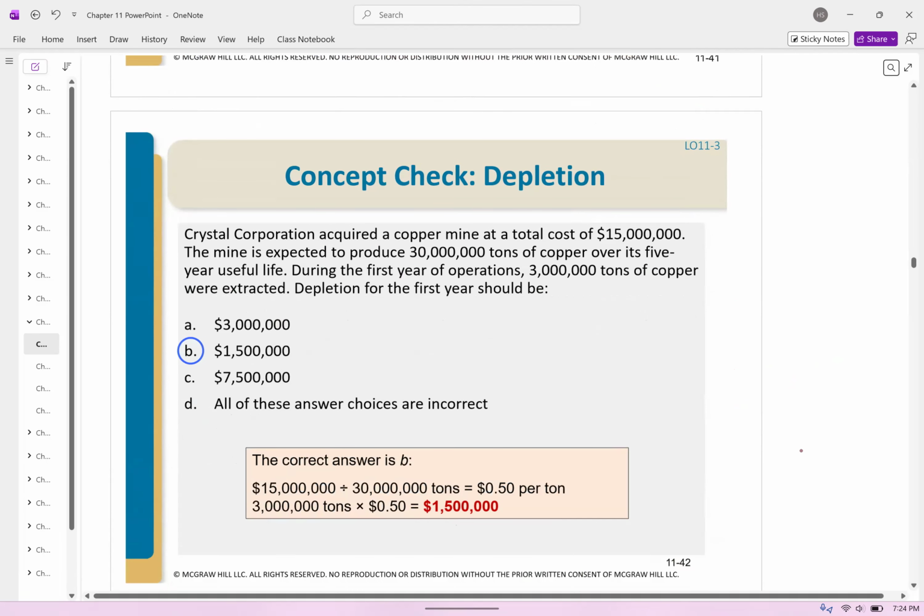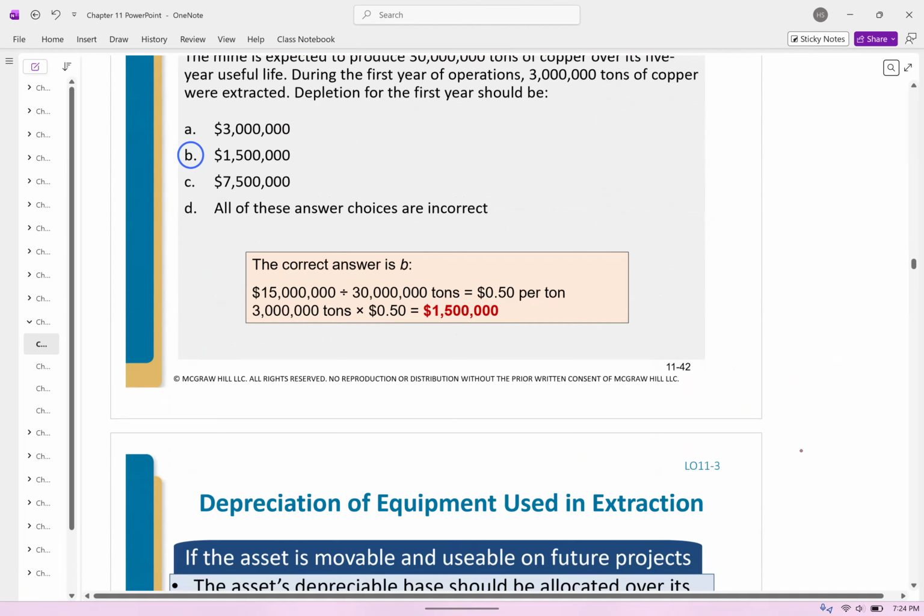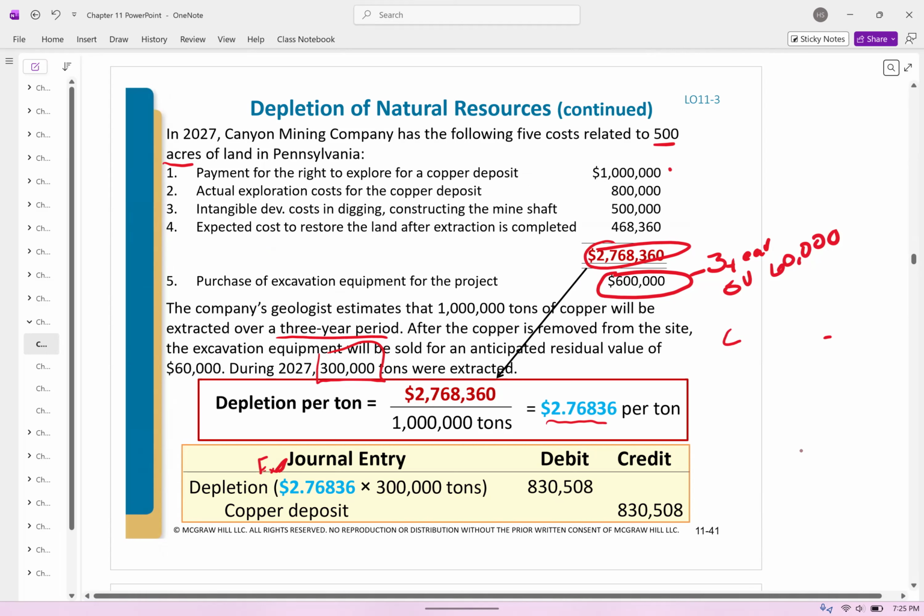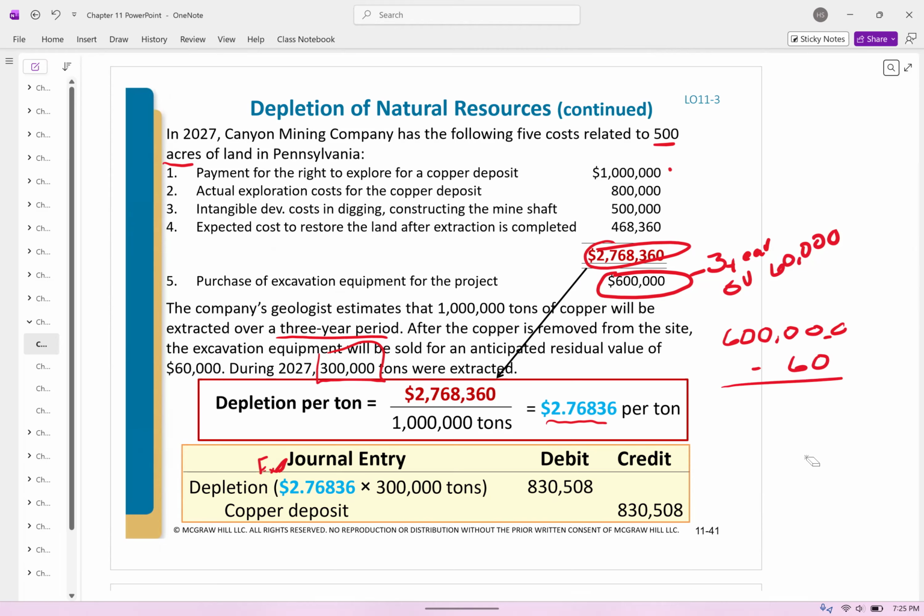They give you a little concept check. You can do that if you want to. They didn't even do anything with that 600,000. So how we would have done that, because they shouldn't have even put it in there if they weren't going to make us do anything with it: we're going to take the 600,000 and subtract out 60,000, and that will give us 540,000.